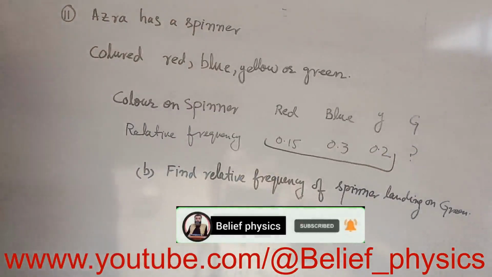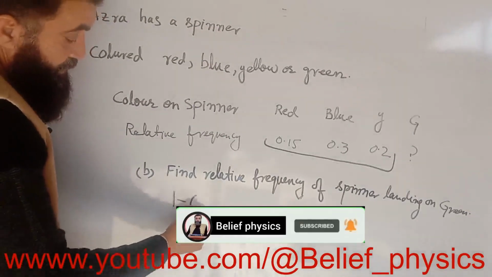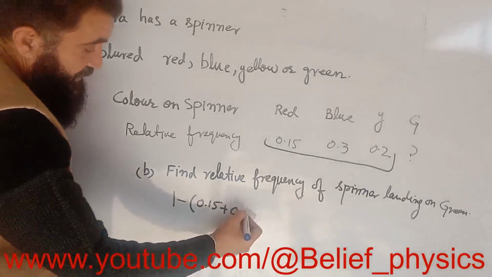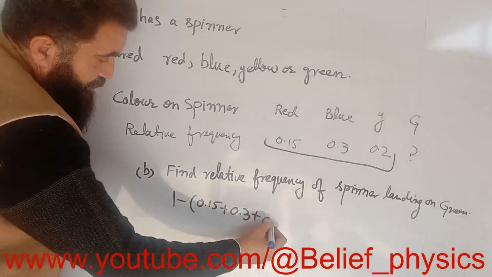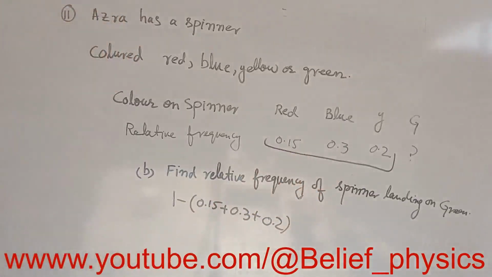Therefore the relative frequency of spinner landing on green will be 1 minus (0.15 plus 0.3 plus 0.2). We will add all of them and subtract from 1, because these are all the events. The sum of all events' relative frequency or probability should be equal to 1.